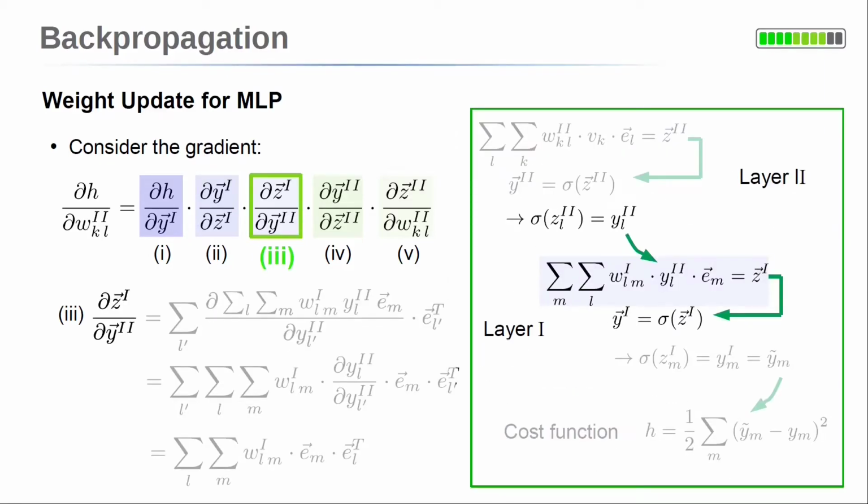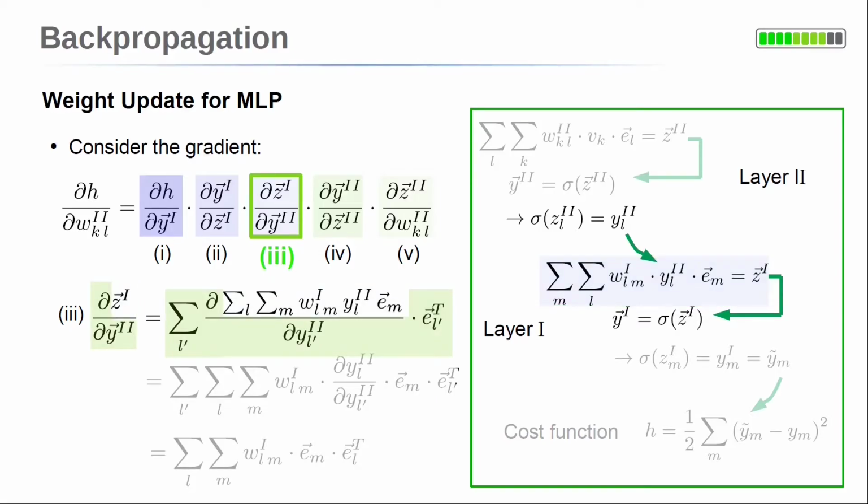Next, we calculate the term in the middle according to the chain rule. The derivative of the summation vector z of the output layer with respect to the output vector y of the hidden layer. Again, we represent both vectors by their sum representation. The expression for the column vector d of layer number 1 can be seen on the right side.